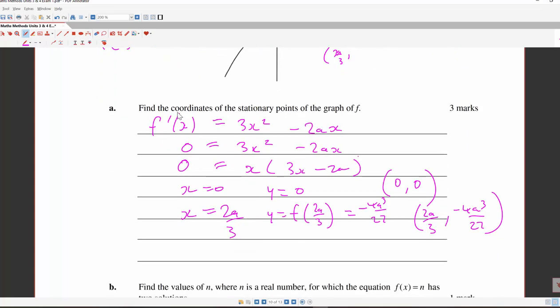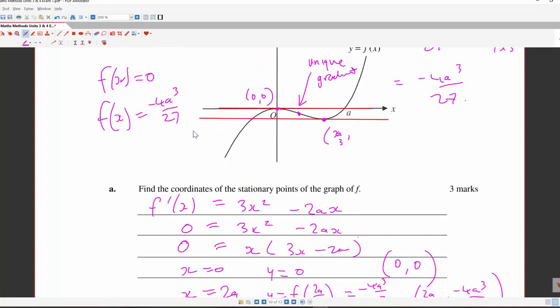So this is the original graph here. Remember that the gradient graph is going to look as follows. So this is a 0 gradient point. We're going to have 0 gradient here. We've got a positive gradient, a negative gradient, and then a positive gradient.